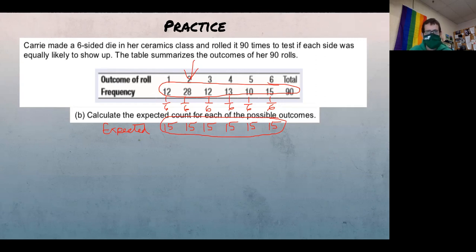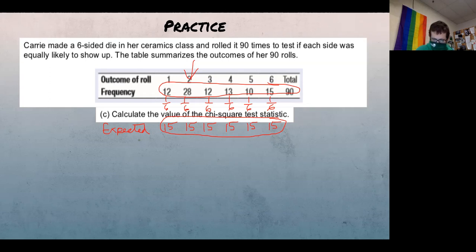So there we go. We have our expected count for each of the possible outcomes. And now we want to calculate the value of the chi-square statistic. Yesterday, we went through and we created the table. Let me remind you, the chi-square statistic is the sum of your observed minus your expected, and that difference squared all over the expected.